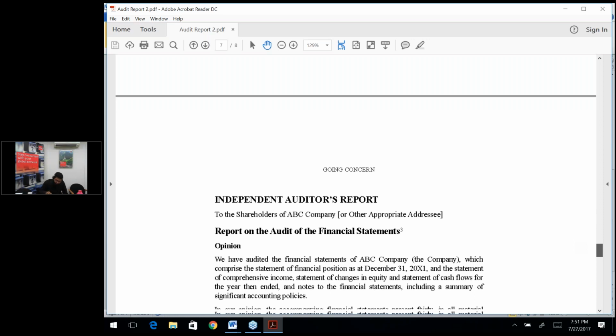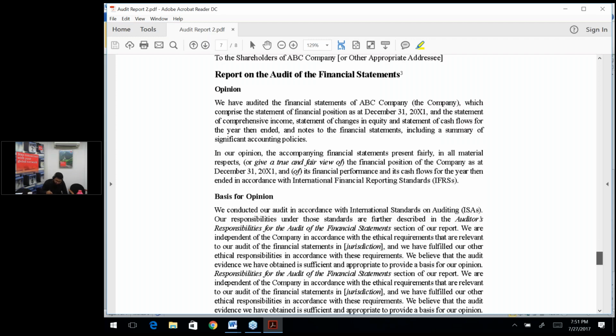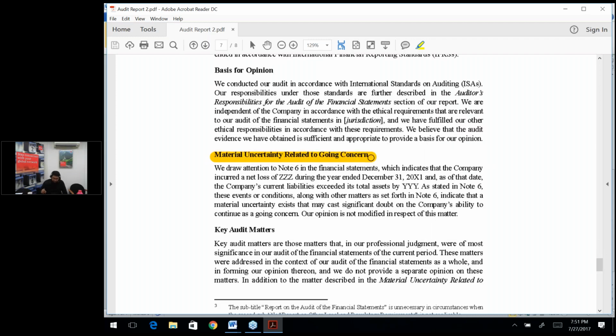Okay, there's page number 7 of this audit report 2 handout, and if you see, immediately after the basis for opinion para, there's this material uncertainty related to going concern paragraph, which is something that you can read and you can understand.